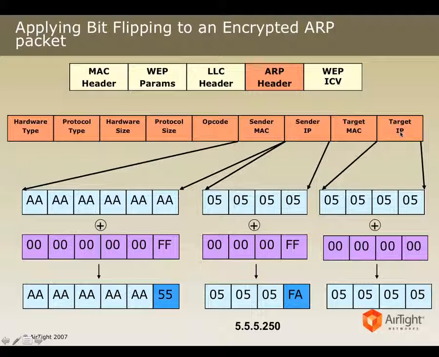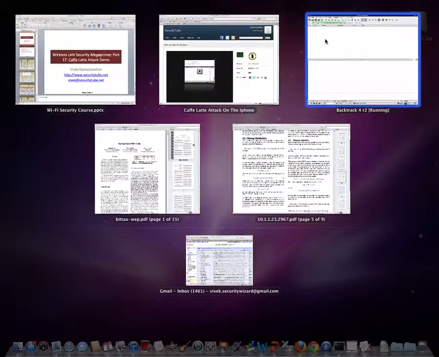Now what we basically want to do is modify the sender MAC and the sender IP, and then this would be converted into an ARP request for the IP address 5.5.5.5. And typically in a Gratuitous ARP packet, you would have the sender MAC, sender IP, target MAC, most commonly all zeros, and the target IP address is once again the same IP address as the host. Now this at times differs from implementation to implementation, as you may notice.